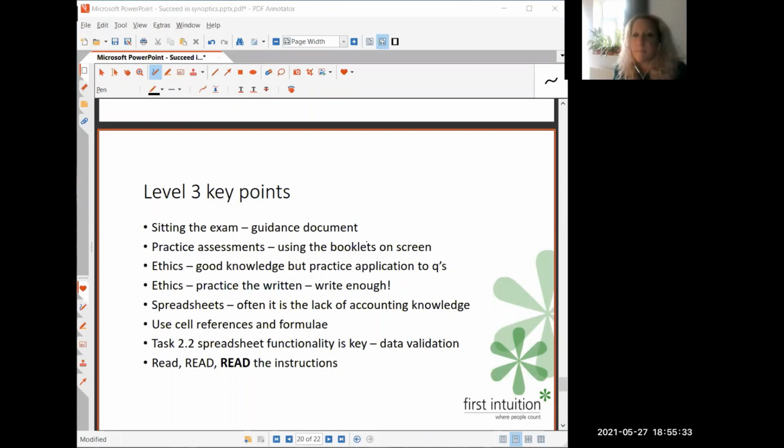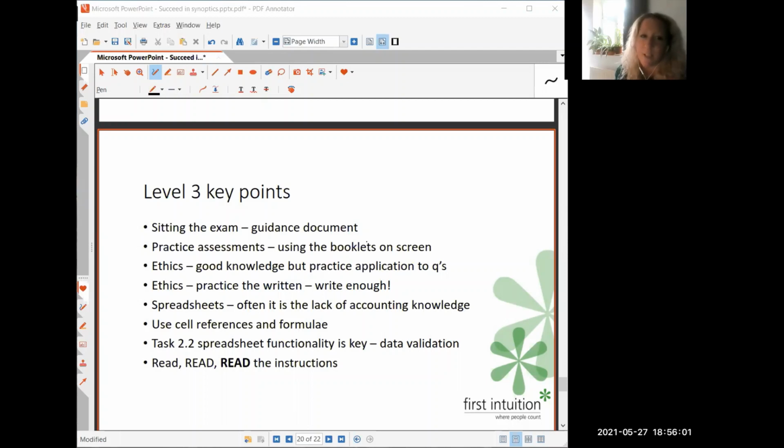One thing, on seeing so many mock exams where I've had students who have been preparing for the spreadsheets part of the assessment, I know that data validation is something that lots of people find hard. Make sure you can do it. Don't think, oh, it's all right, I'll just highlight the cell and I'll change the color myself.